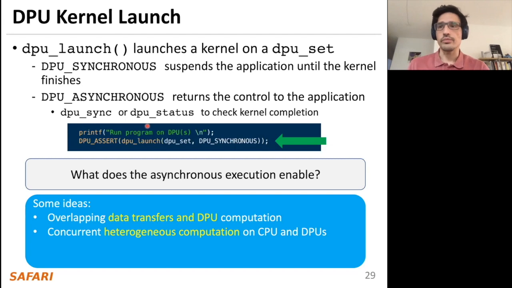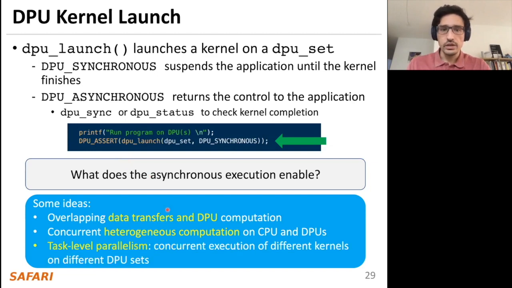Imagine that you have two huge arrays that you want to add using the vector addition kernel, and in order to perform as fast as possible, you give most of the input arrays to the DPUs because it's a very powerful setup, but still part of the arrays remain on the CPU side, such that as soon as you launch the vector addition kernel on the DPU side, the CPU can continue the execution here, operating on that piece of the arrays that has been assigned to it, and this way we can accelerate at least a bit the computation. And I'm pretty sure that you can come up with many other examples as well.